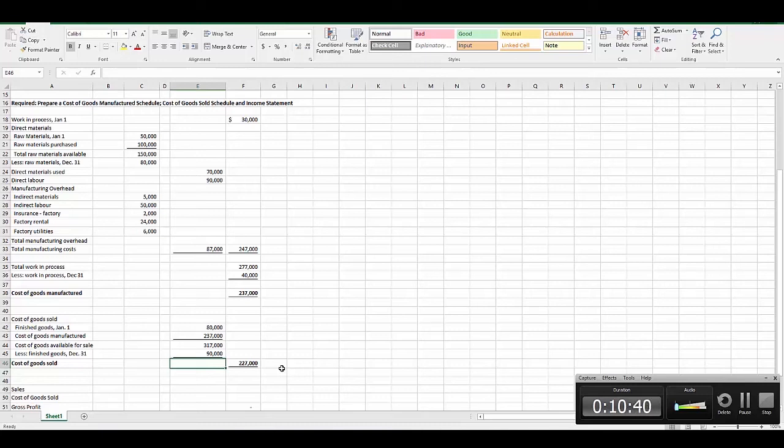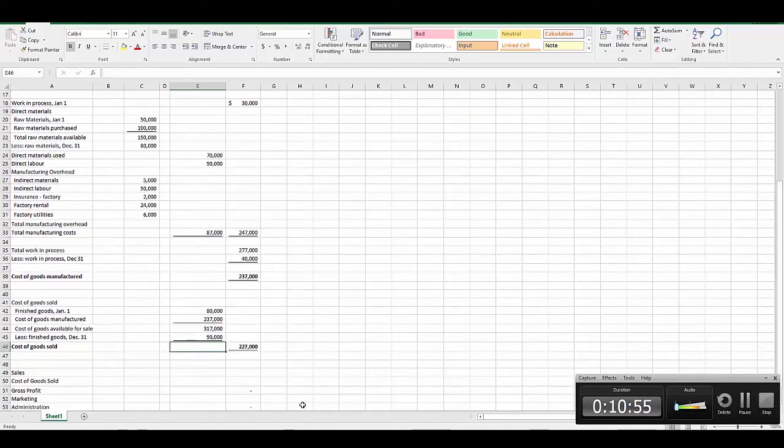So finally, the whole reason you're doing these two calculations, your cost of goods manufactured and your cost of goods sold, is so that you can prepare your income statement. So that's the next one that we're going to do. In terms of the sales, we're told in the problem that the sales are $600,000.